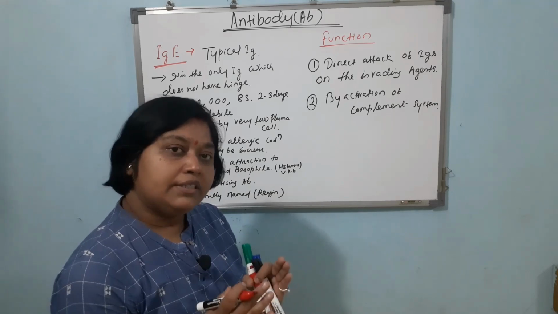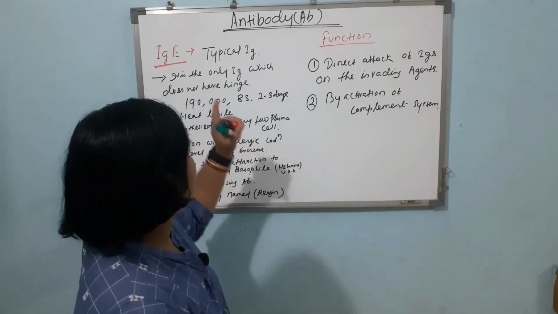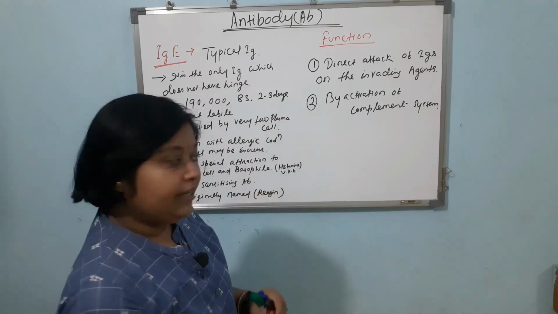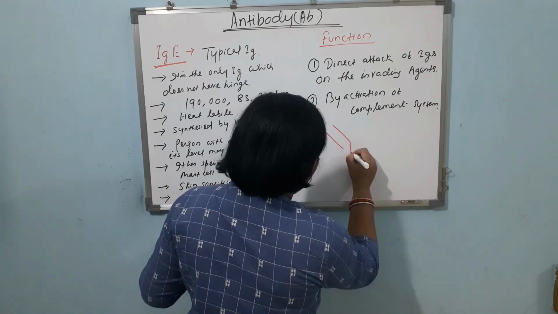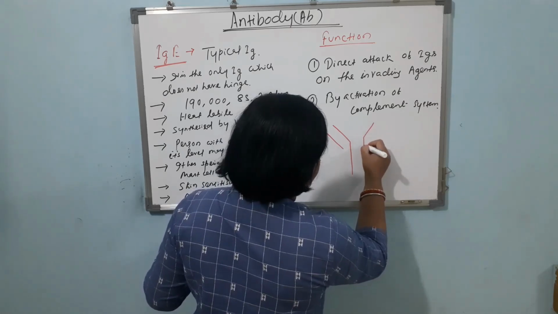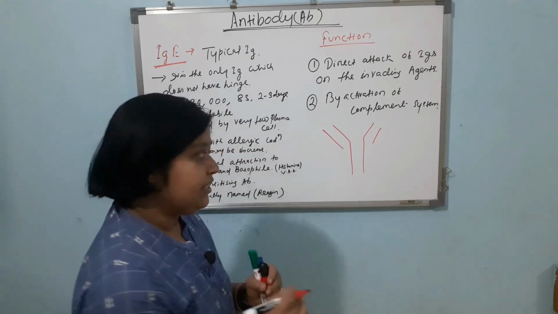Epsilon immunoglobulin is the last immunoglobulin we are talking about. It is a typical immunoglobulin having a Y-shaped structure, with 2 light chains and 2 heavy chains, and it does not have a central hinge region.